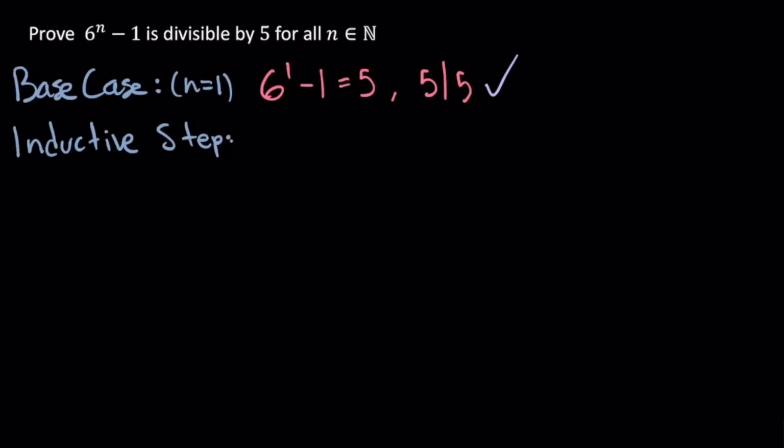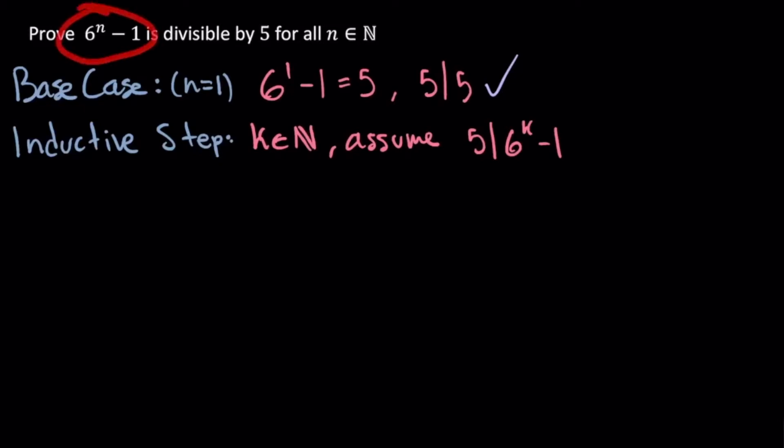And so as explained before, we start off with saying that we pick k, where k is just an arbitrary natural number. We assume that 5 is divisible by 6^k minus 1. And how we got there is just replace the n here with k.